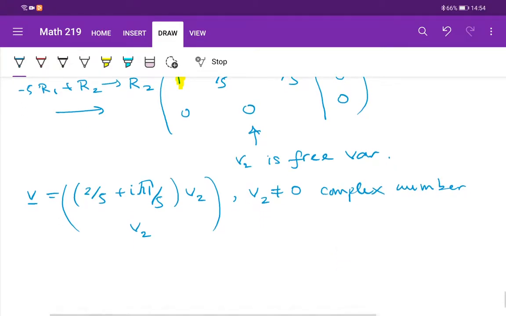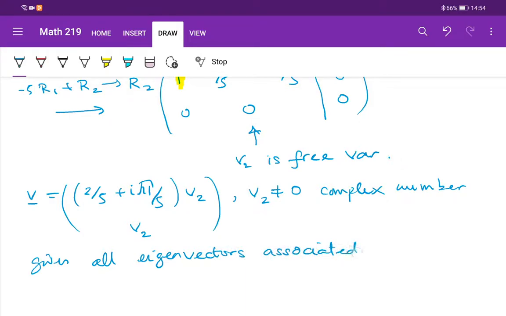So this gives all eigenvectors associated to lambda 1, which was minus 1 plus i root 11. And you can see that each eigenvector, whatever v2 is, is necessarily complex.